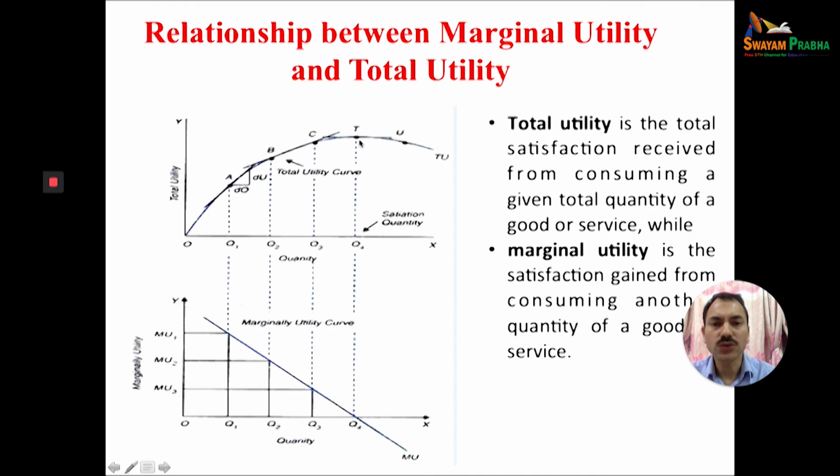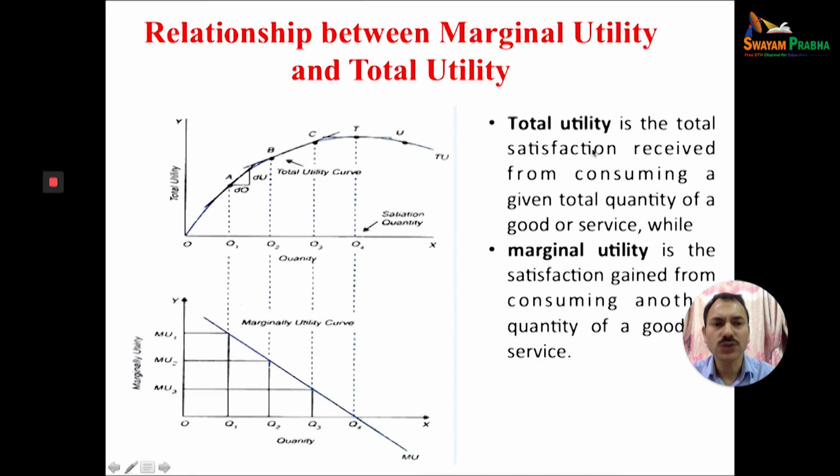When total utility starts decreasing with successive units of the product, the marginal utility will be negative. So three points are important. One, total utility is increasing and marginal utility is positive. When total utility is maximum, marginal utility will be zero. When total utility starts decreasing, marginal utility will be negative.